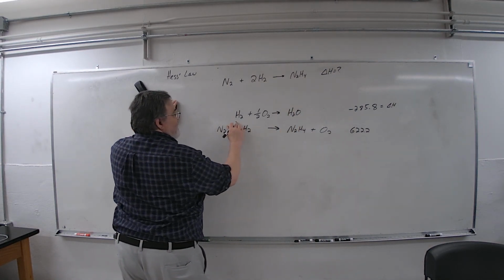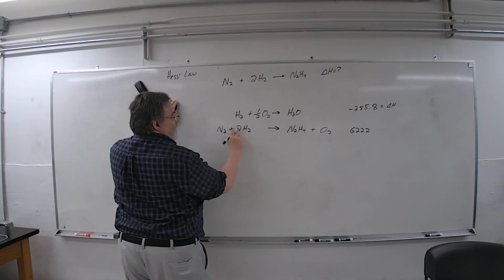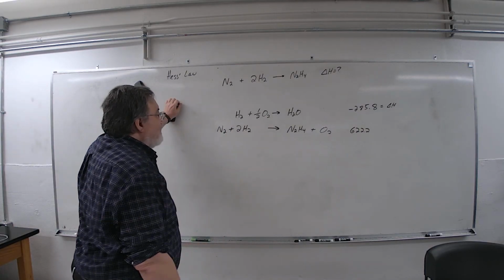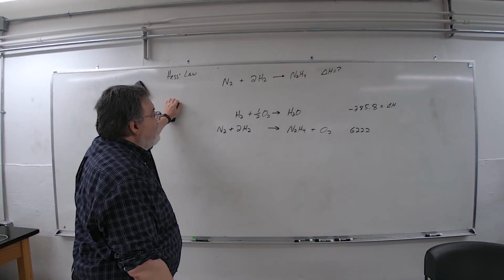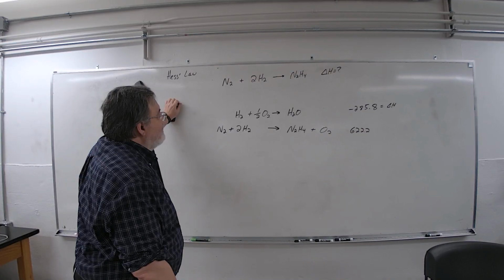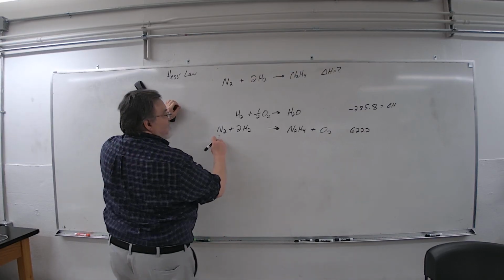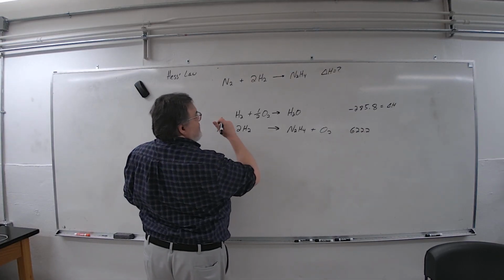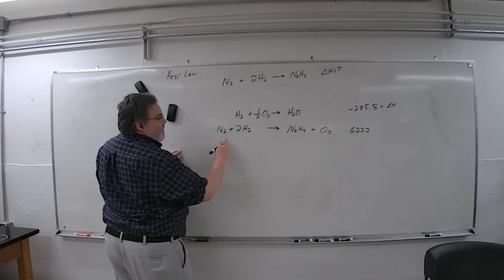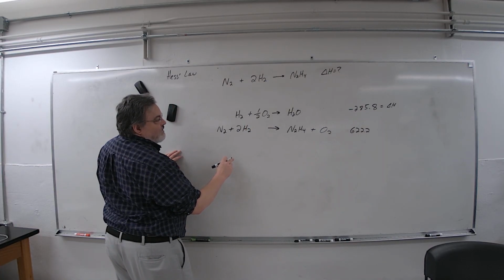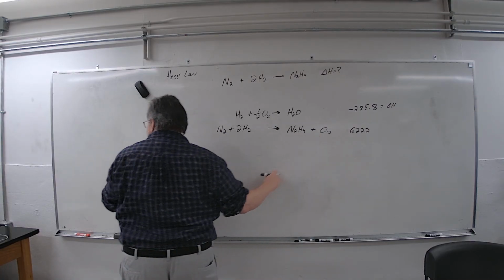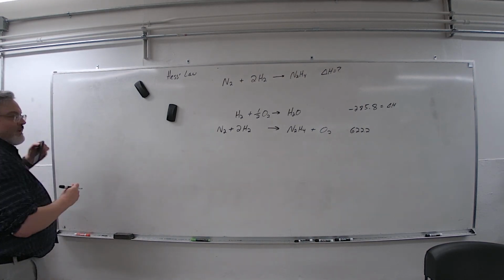Got an H2, I need two H2s, and notice I've got three H2s here. Let's see. H2, 1 and 2, okay. Let's do this. Let's multiply. What is the H2O? Was that an H2O? Or, huh?